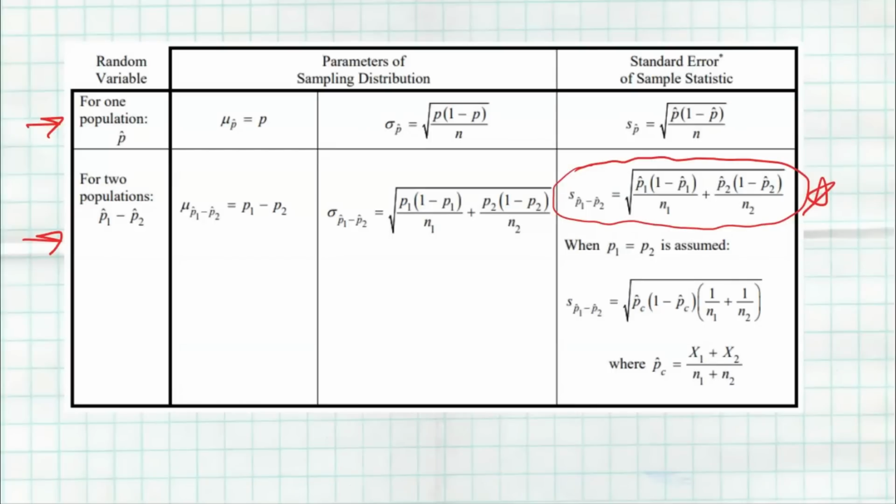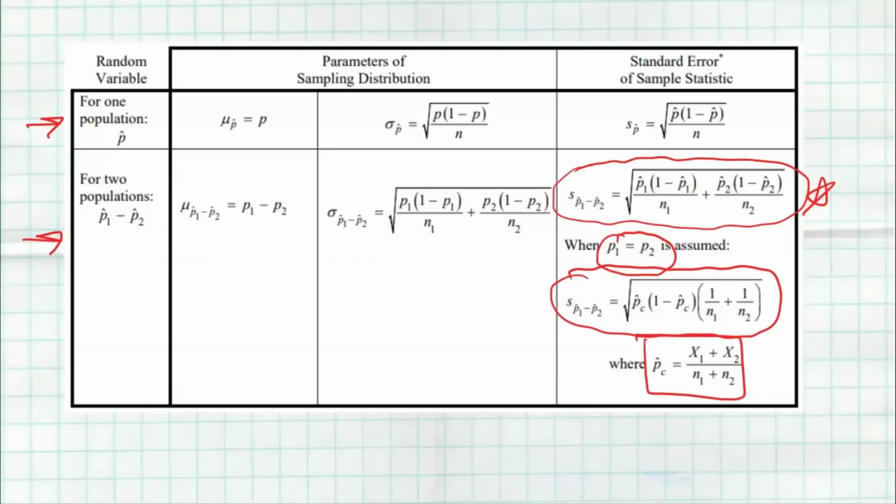This is an interval, but in a test, we would use a different formula, because in a test we have to assume that the two population proportions are equal, and we would use this formula right here for standard error, which uses the combined sample proportion.